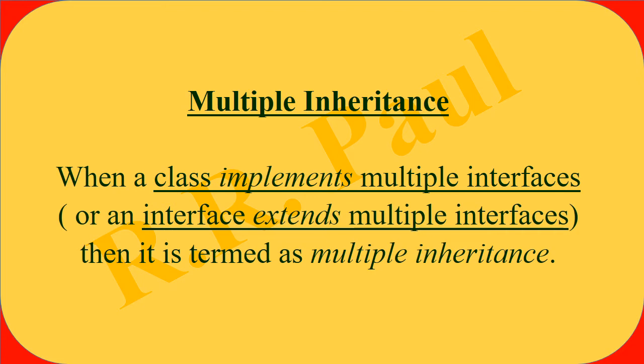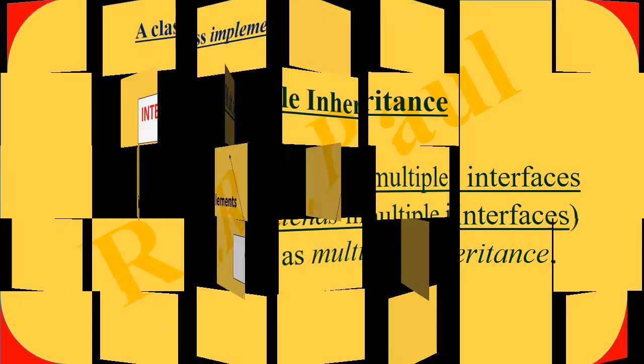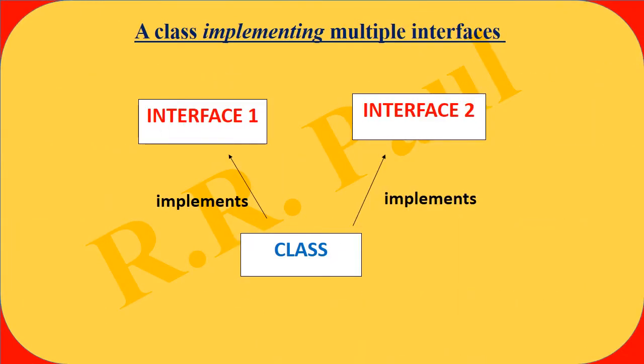Multiple inheritance exists in 2 forms: a class implementing multiple interfaces or an interface extending to multiple interfaces. We'll see these 2 one by one. This is the first type, a class implementing 2 interfaces.